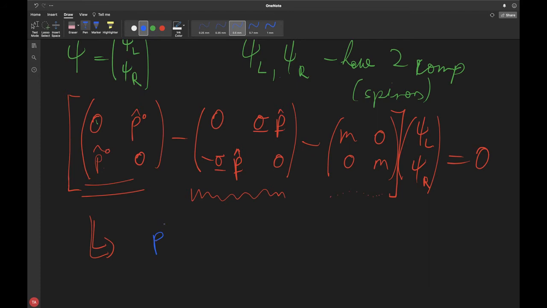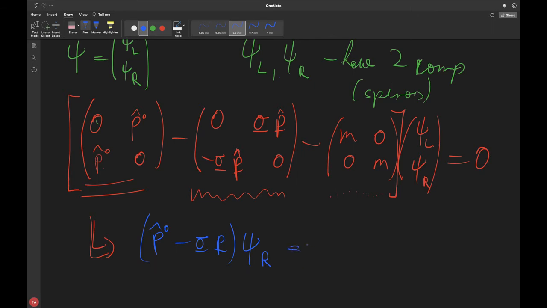We have P_0 minus the sigma vector dot P vector acting on the psi R, and then we also have a minus M times the psi L. So I'm just going to put this into the other side.